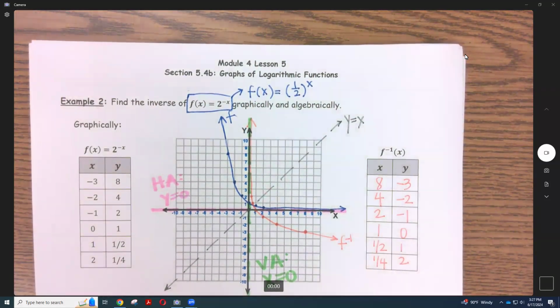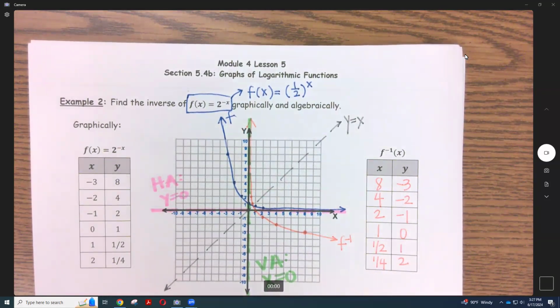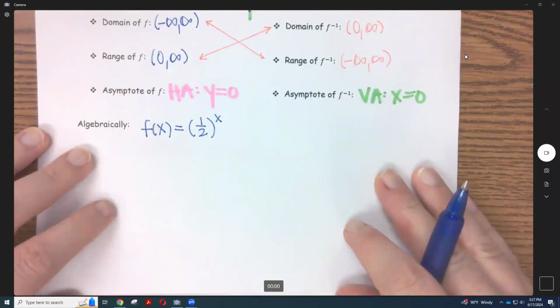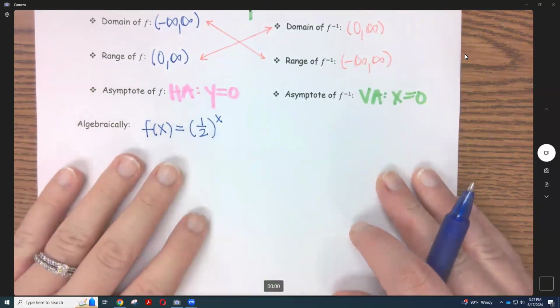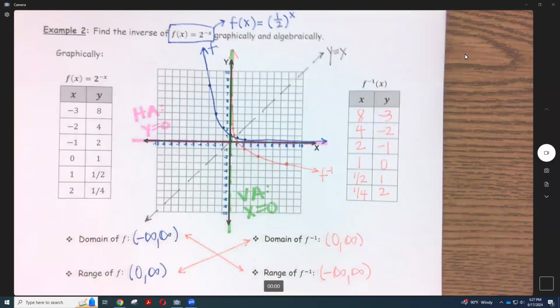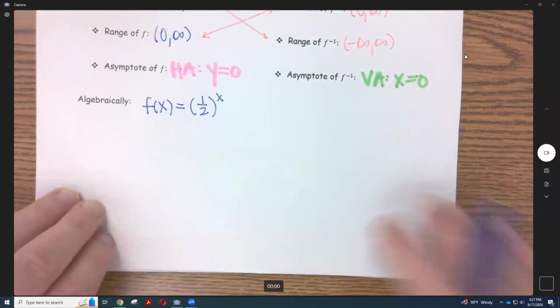So down here algebraically, that's how I'm going to write this. F of x equals 1/2 to the x power. So let's figure out algebraically what to name our inverse function that we just graphed right here.